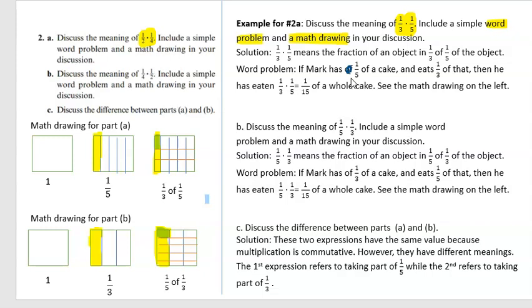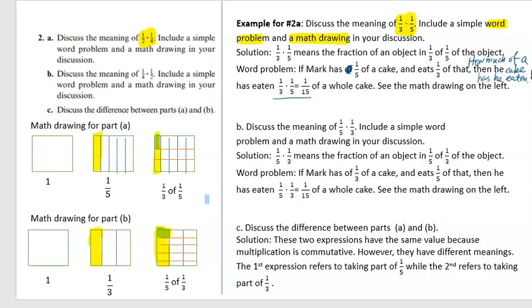If you want to ask a question, you could say, how much of a cake has he eaten? Which can be solved by doing this multiplication.